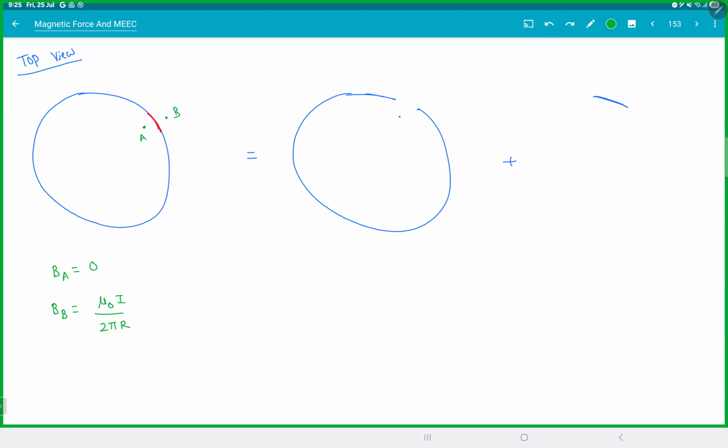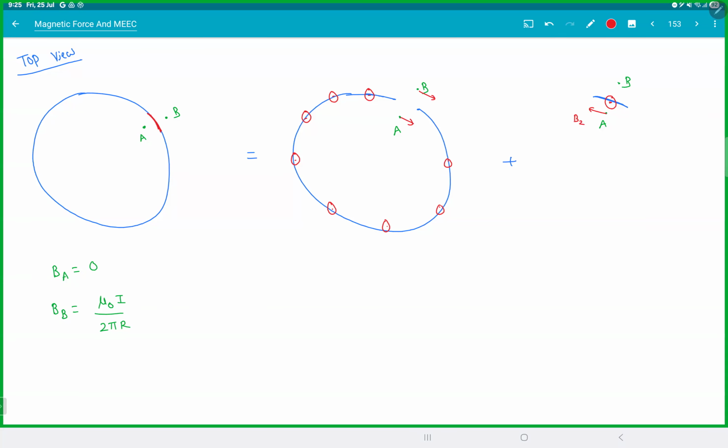So if you take 2 points here, this is A, this is B, this is A, and this is B. Again, remember, these are actually currents here. There are a lot of currents here. All these currents are generating some kind of a magnetic field. So let's call this B1 and this B1. This will create a magnetic field B2.